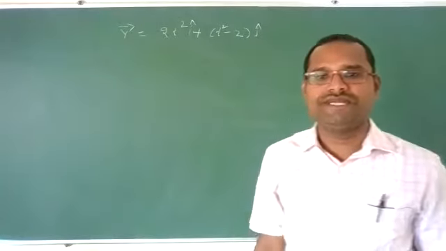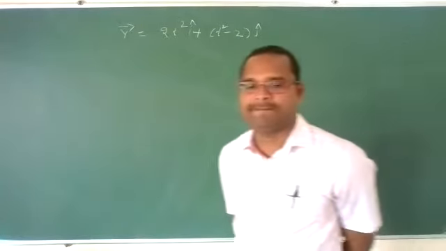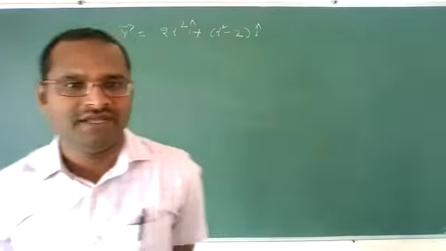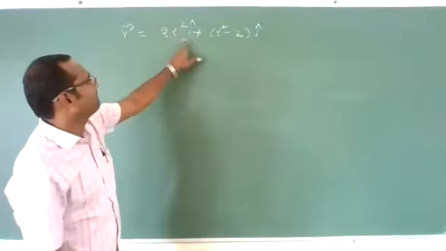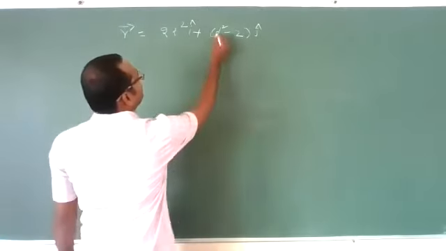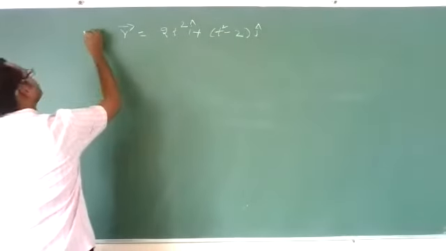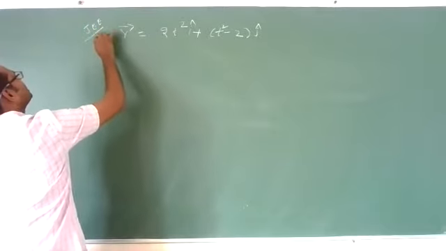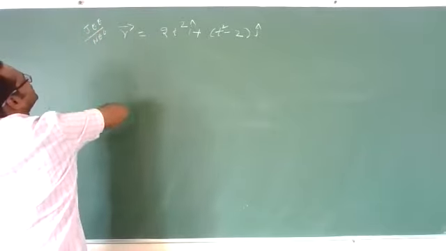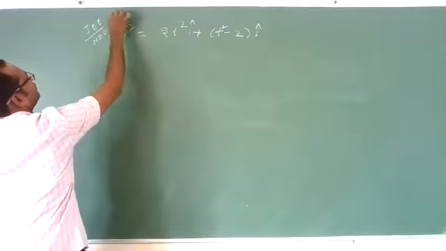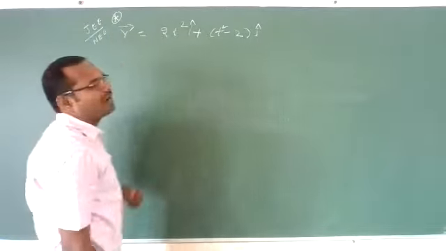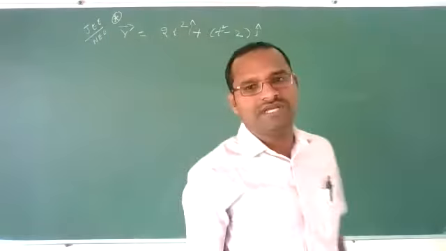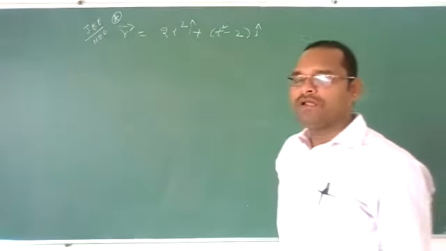This is one equation given. It is the displacement vector of a particle in a two-dimensional plane, depending upon time. This is for JEE students and NEET students. You need to remember this type of question. Very important type of question I am discussing now. So what will they ask you?